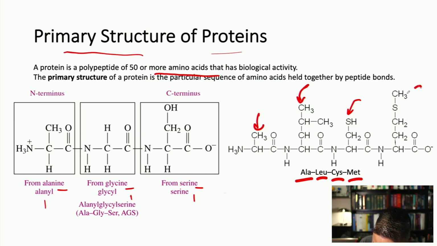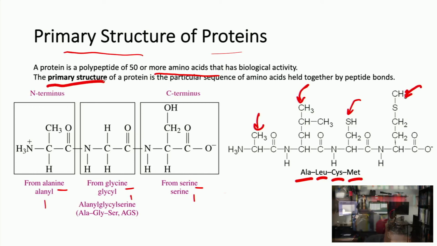And then methionine, right? That's how we know. So when we say primary structure, just remember that it's the particular sequence of amino acids that are held together by the peptide bonds. And of course, if we're talking about primary structures, there are going to be secondaries, tertiaries, and quaternaries, but we'll get to that in a sec.